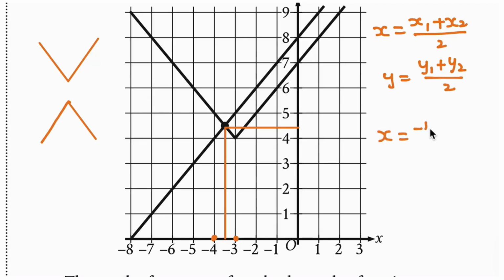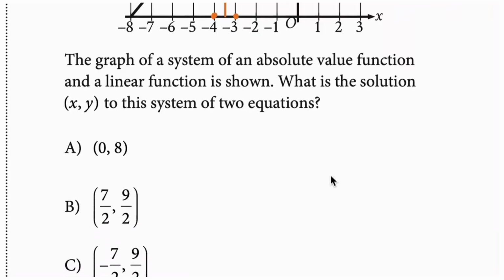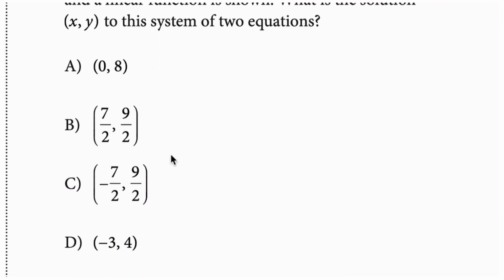So x is (-4 plus -3) by 2, that is -7 by 2, and y is (5 plus 4) by 2, that means 9 by 2. Let's see the options. Yes, C is the right option. Correct?